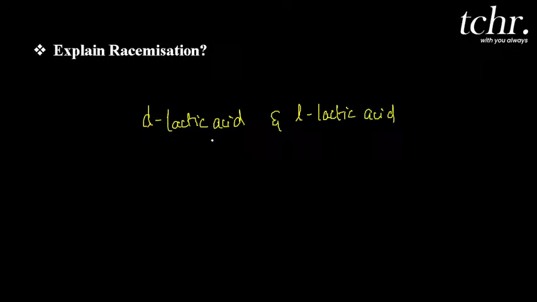And in the same way, once you have understood racemic mixture, racemization is nothing but, just now I gave you the example of D-lactic acid and L-lactic acid, and I told you you can write this as an example for enantiomers, correct? But when you take both 50-50 and add, it will give you a racemic mixture and make it optically inactive.